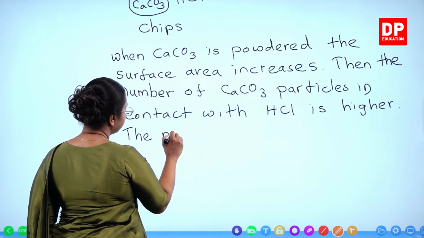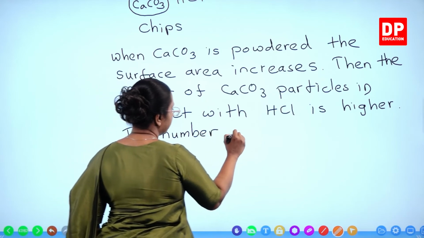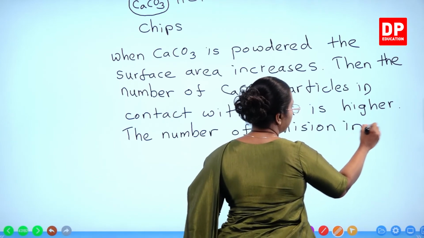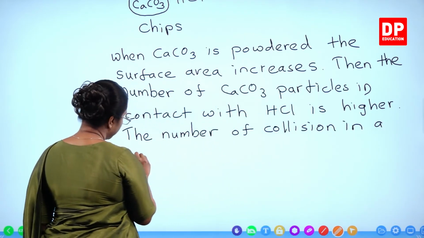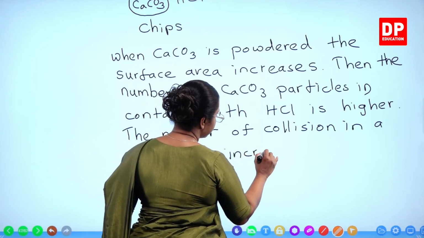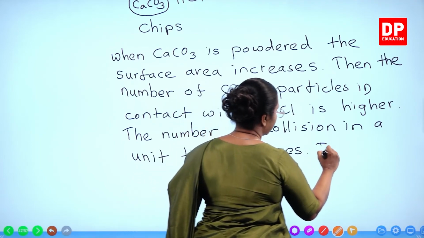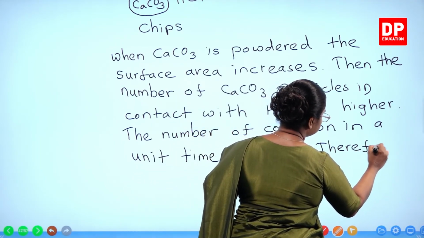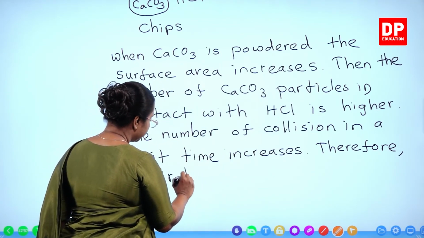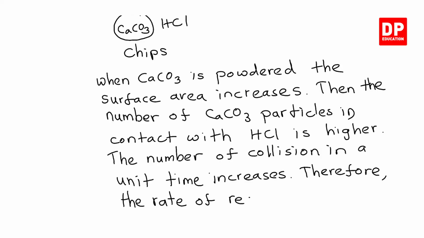The number of collisions in a unit time increases. Therefore, the rate of reaction increases.